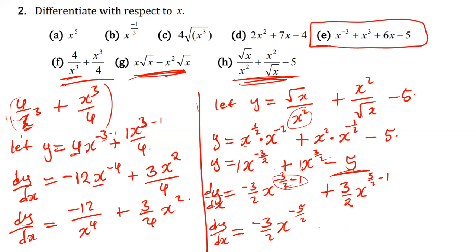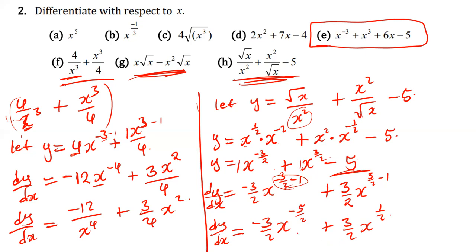And then you say plus. When you subtract 3 over 2 minus 1, you're going to have 1 over 2. So you have 3 over 2 here, and then x to the power 1 over 2. So this is the solution.